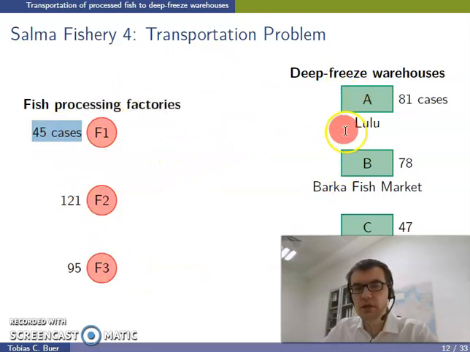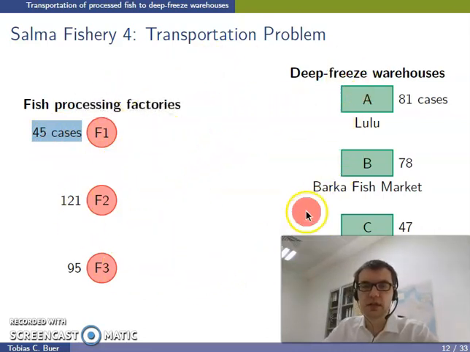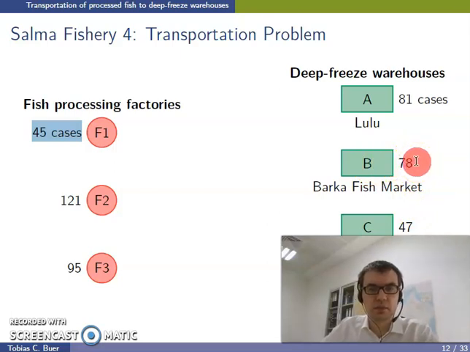This drawing represents the situation of a single day. On the right side, I have drawn the deep freeze warehouses as rectangles in green, and I have drawn the demand of each warehouse in the number of cases. So the Barker fish market B requires 78 cases each day.